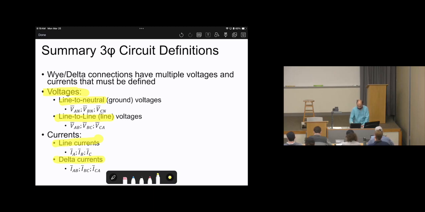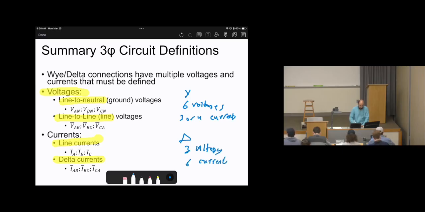Now, if we are dealing with Y, then we will have 6 voltages and 3 currents, or I can say 3 or 4 currents, depending on the neutral. Whenever we deal with delta, we have 3 voltages and 6 currents. Just keep this in mind. Okay, does this make sense? Any question?